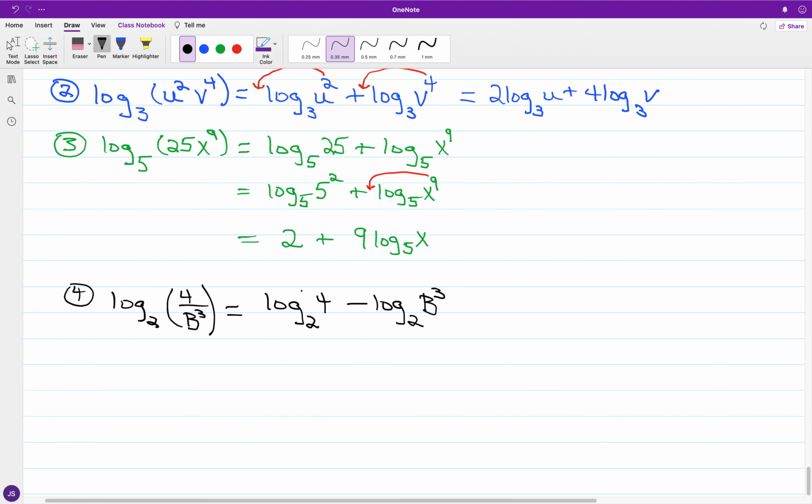Again, if you notice, 4 is to 2 like how 25 was to 5 a moment ago, because 4 is both a multiple of 2 and an integer power of 2. So 4 is going to be 2 squared. For the second term, I can make the 3 into a coefficient. So the base 2 logarithm of 4 goes to 2, and we have minus 3 times the base 2 logarithm of b.